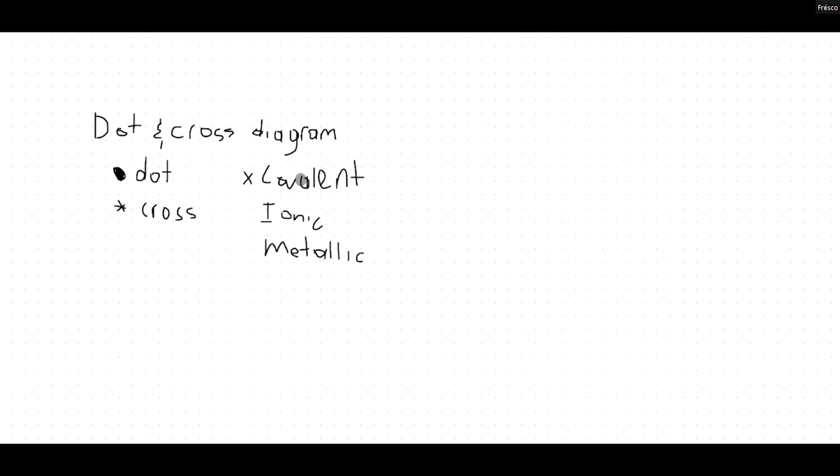Good. So remember in this, what did we say about covalent again? What's taking place in covalent? What's the keyword we're looking at for covalent? These are the types of bond: covalent, ionic, metallic. What's taking place in covalent again?